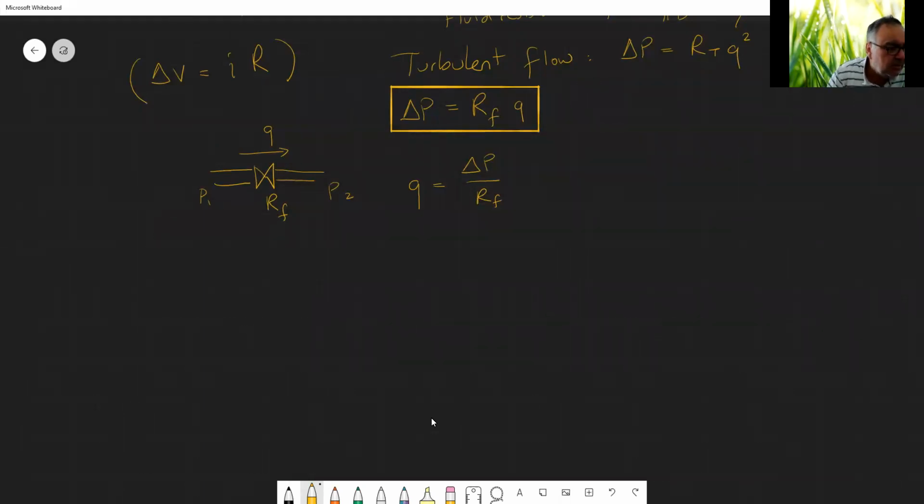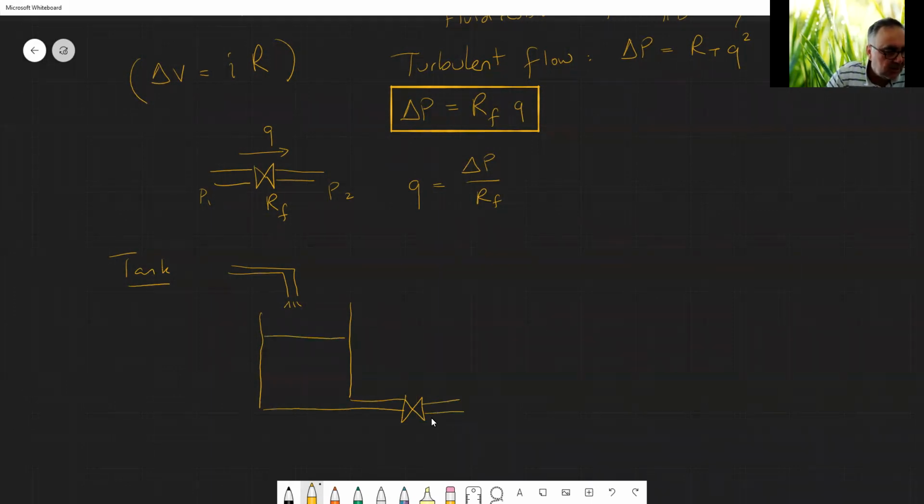Now let's take our tank example. Let's say that you have flow coming in. You have a tank. And this tank is connected to the outer world by a pipe, which has a fluid resistance, as we have said, like this.